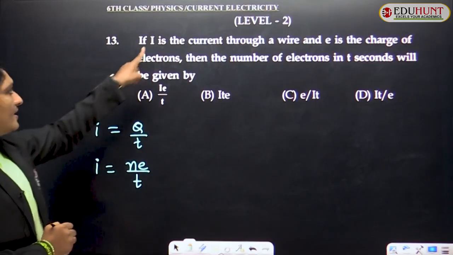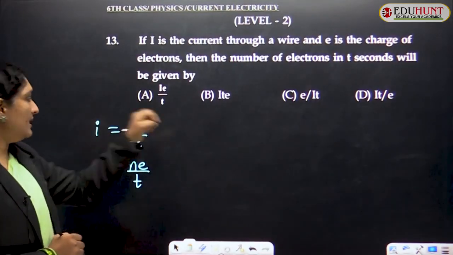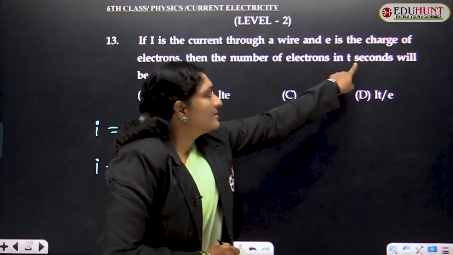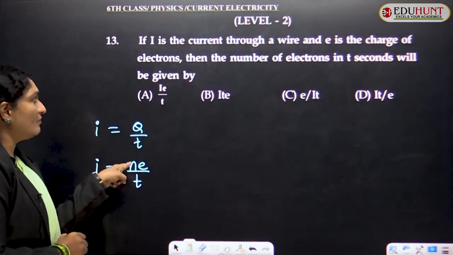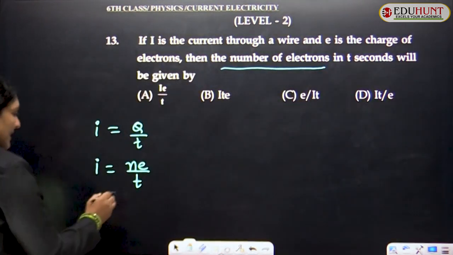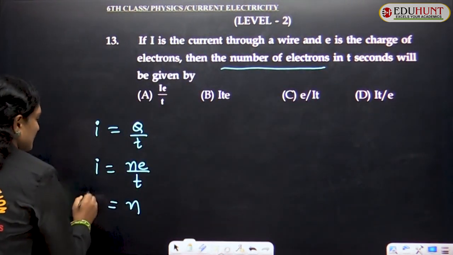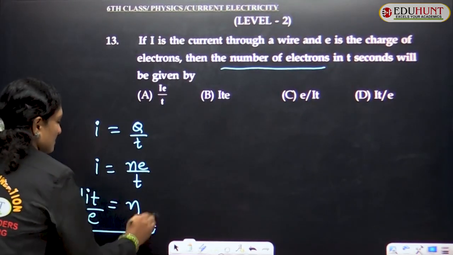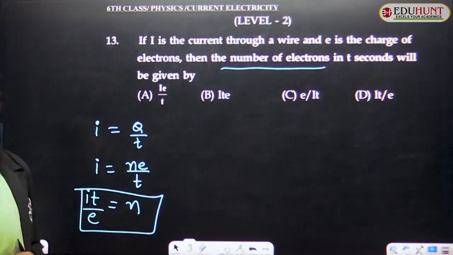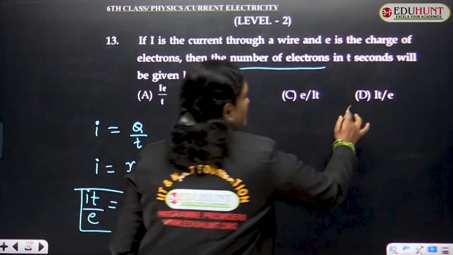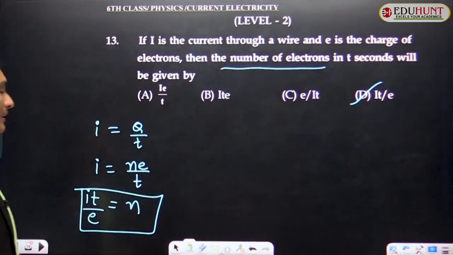I is the current, E is the charge, and T is the time given. You are asked to find the number of electrons, indicated with the letter N. Bringing T to the other side, N is equal to IT upon E. So the correct option is the fourth option, that is IT upon E.